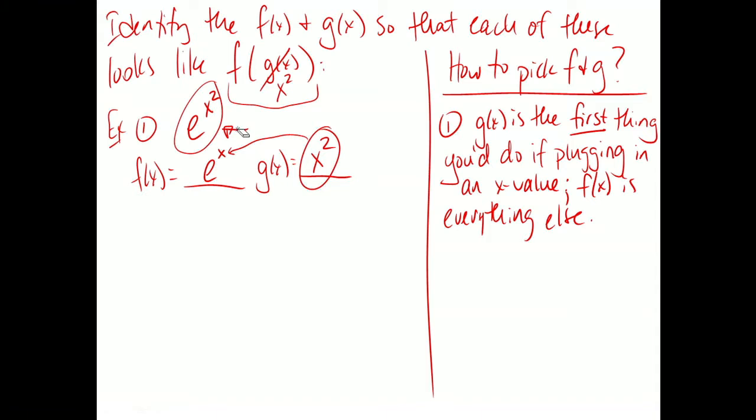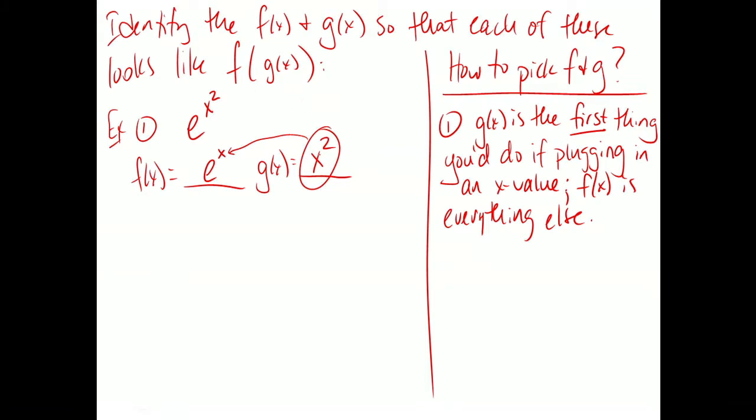And indeed, if I tell that story one more time, you can confirm, do I have what I wanted? Let me erase this. My goal was to make it look like f with g plugged in.